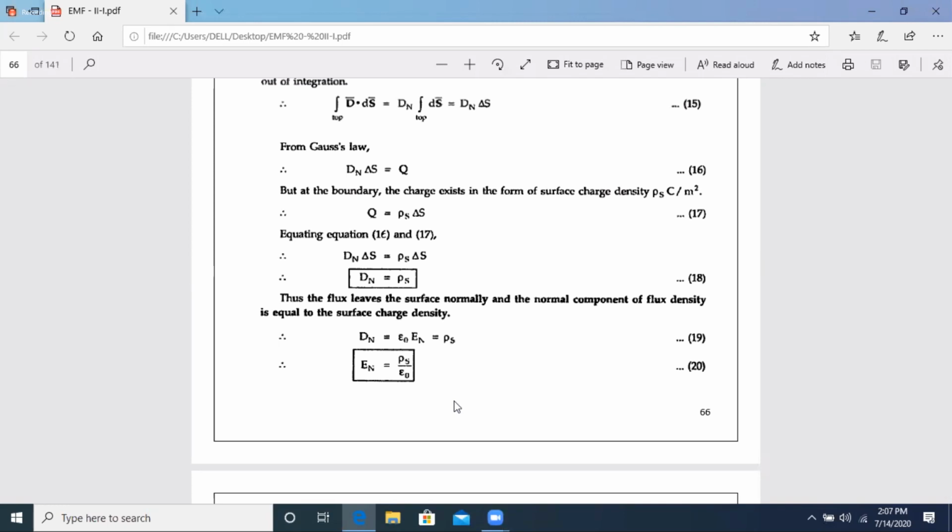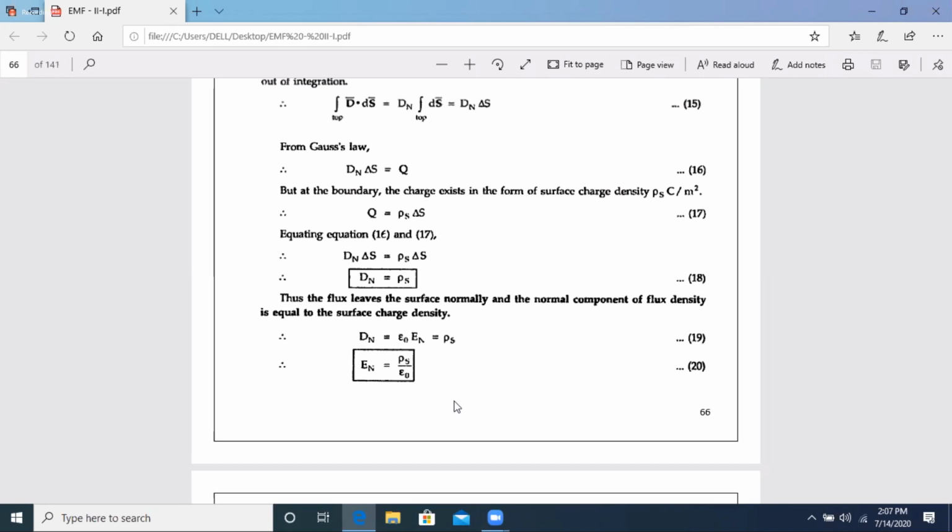No, sir, we don't get that. E equals E tangential plus E normal, right? Yeah, we get that part. So E1 is 2AX plus 3AY plus 4AZ volts per meter. Yeah, we get that.